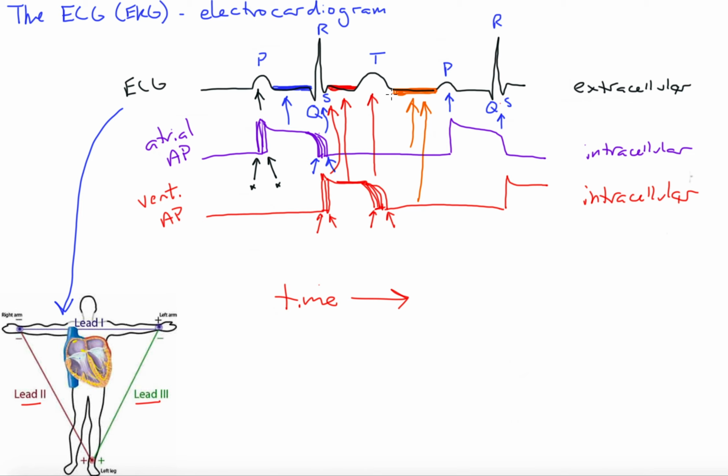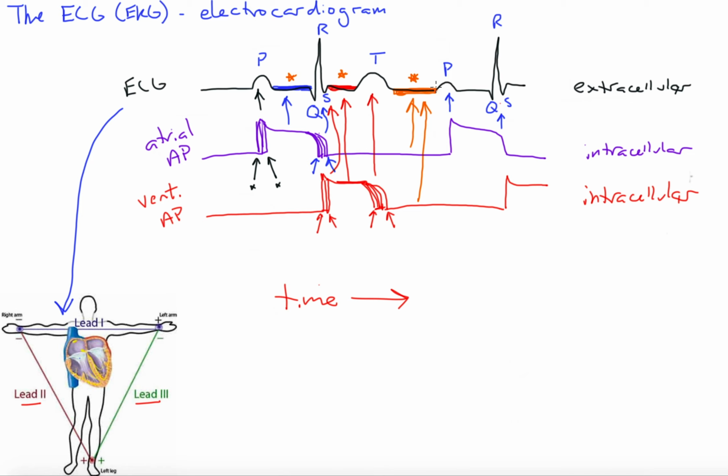So in the TP segment, we're isoelectric, but our chambers are not contracting. Remember, in the PR segment over here, the atria were contracting. In the ST segment here, the ventricles were contracting. And lastly, in the TP segment here, nobody is contracting.